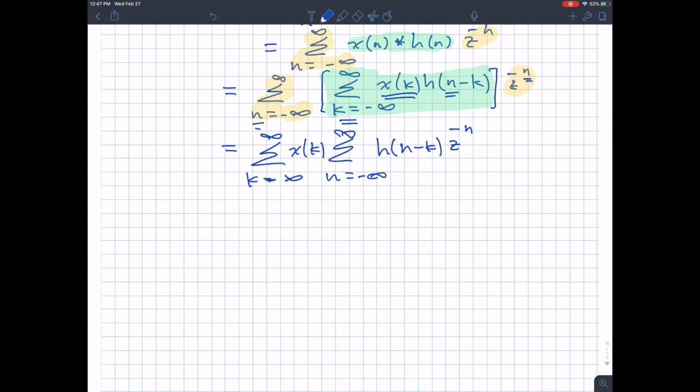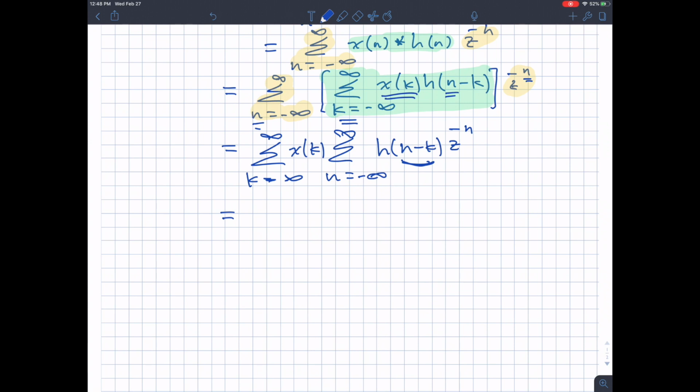Alright, from there we have to recognize that this is getting pretty close to the definition of a z-transform, but it's a little bit off. We notice this is h of n minus k instead of h of n. You could appeal to the time shift property at this point, but what I'm going to do here is just do a change of variables.